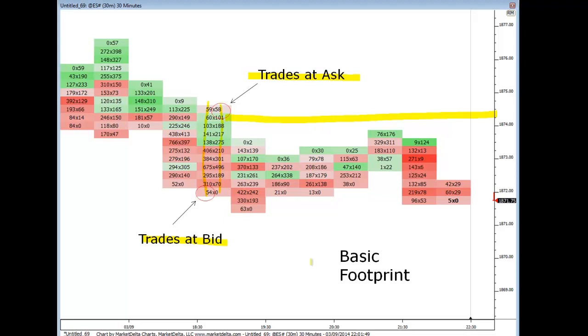So let's for now consider trades at the ask, just the numbers on the right-hand side, and trades at the bid on the left-hand side. We will talk about how we can determine whether these numbers represent sellers or buyers in great detail when we begin to look at the actual outcomes and the impact of the transactions on the market. That is the best gauge.